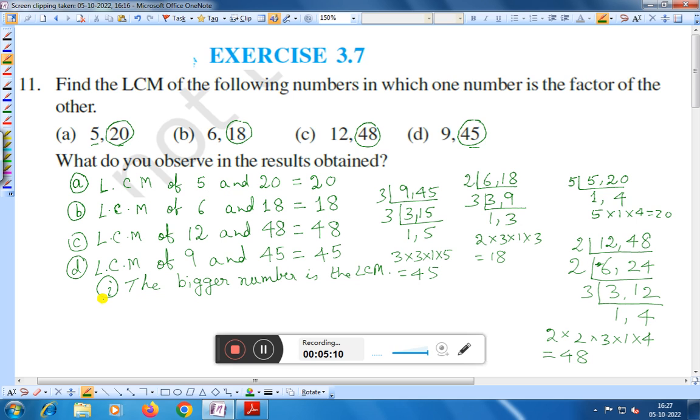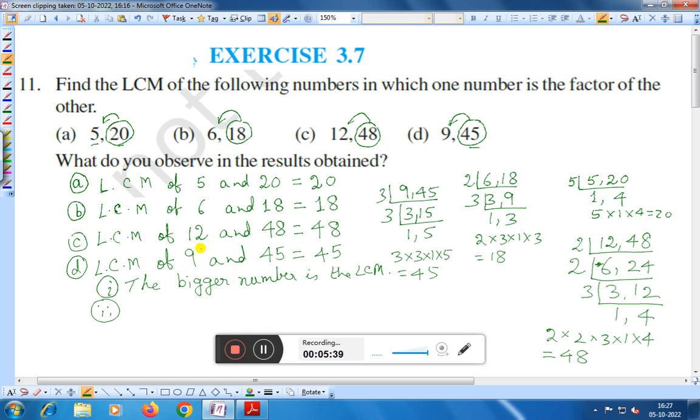This is property 1, and property 2 we can say is that here we got 5 and 20. That means 5 is the factor of 20, right? In this case 5 is the factor of 20, 6 is the factor of 18, 12 is the factor of 48, and 9 is the factor of 45, right?